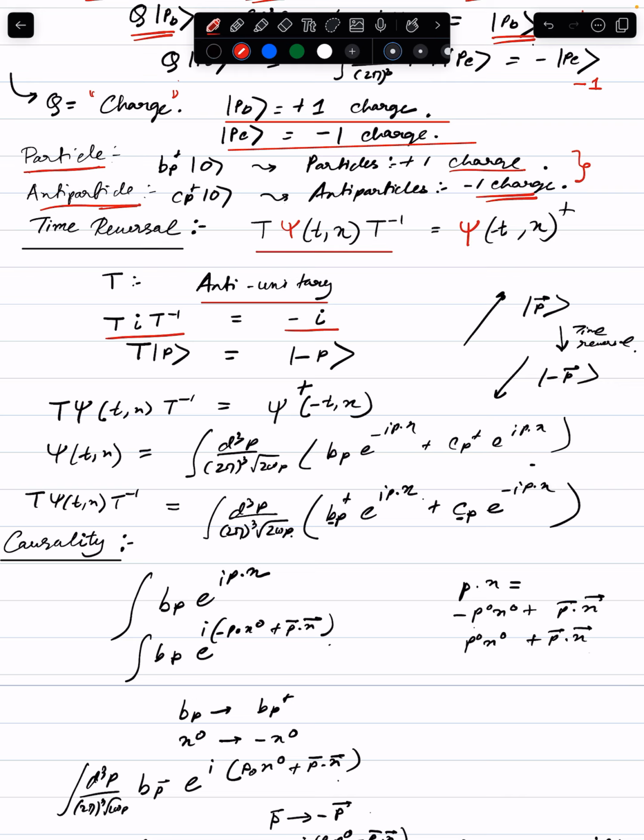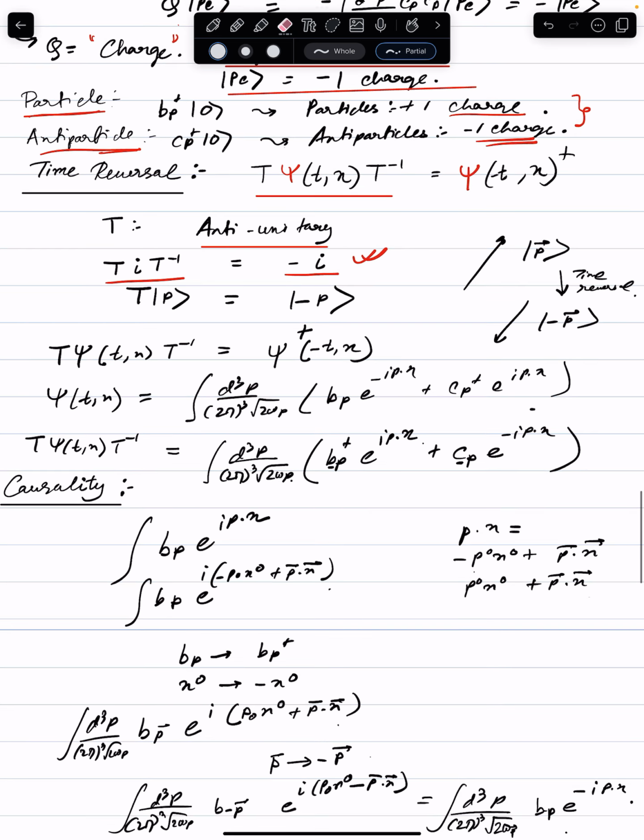First of all, it changes the time, and also it gives me a dagger here. Okay. So the action of this gives me a dagger, and also remember that when it acts on the momentum eigenstate, it should reverse it, because if this is going positive in time, time reversal should give me something that is going backwards in time. So the momentum must also reverse. If it was going this way, if I run the tape back, then I will see the particle going in the opposite way.